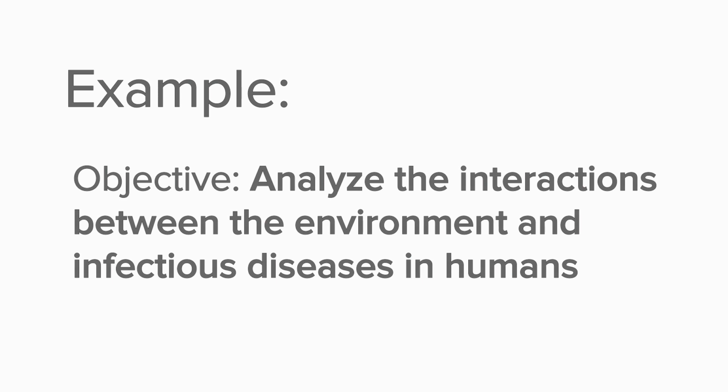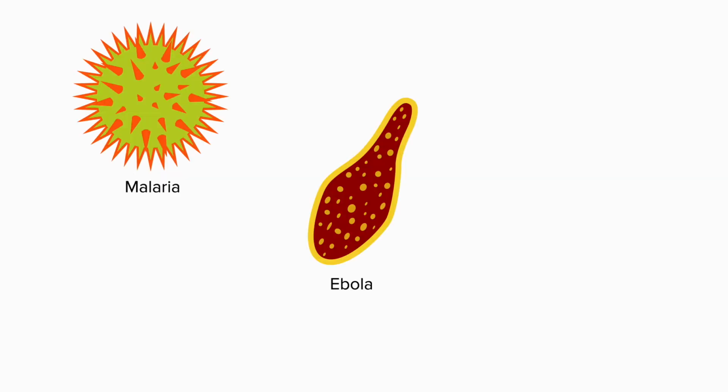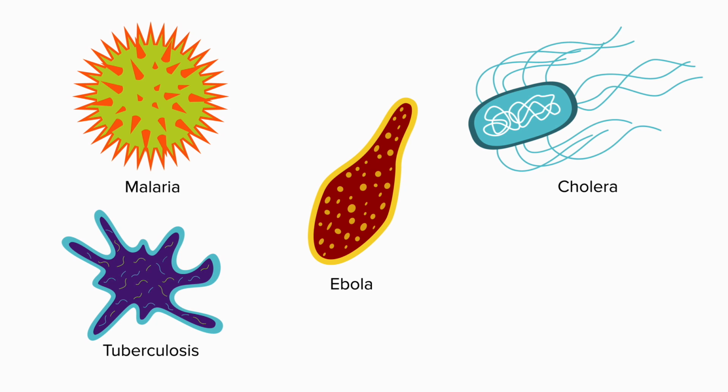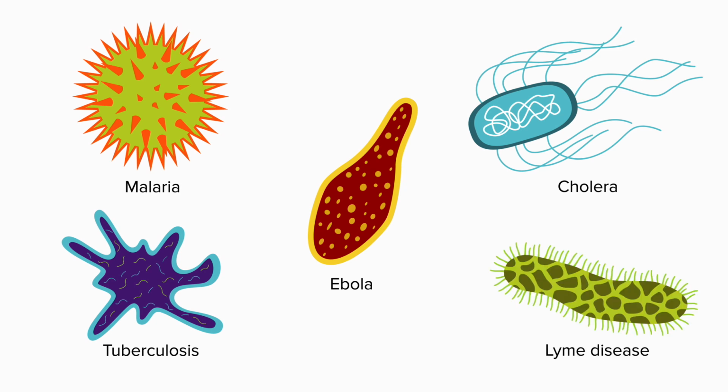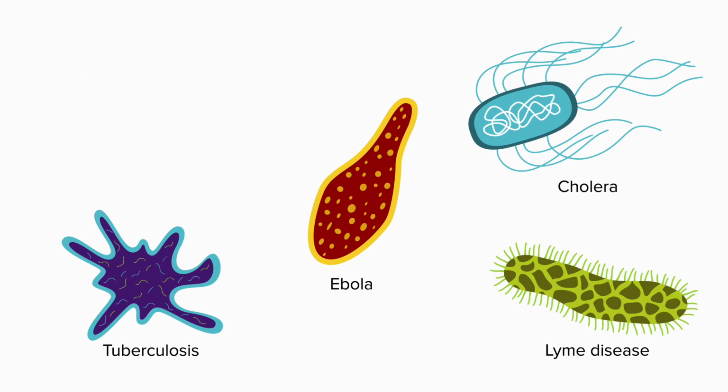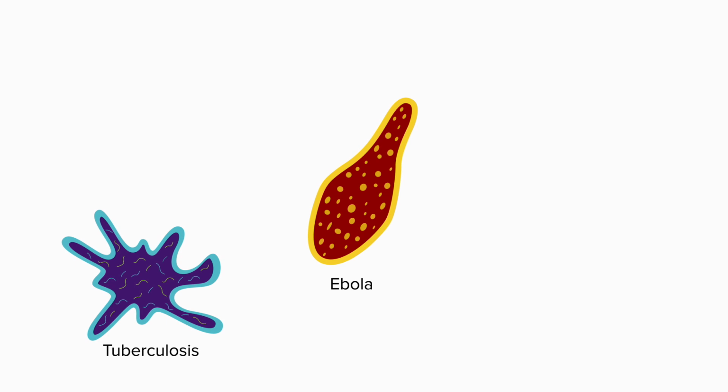For example, if our learning outcome is that students will be able to analyze the interactions between the environment and infectious diseases in humans, we might choose between malaria, Ebola, cholera, tuberculosis, and Lyme disease as our content, but we won't have time to go in depth for all 5. If students spend more time focusing on only 1 or 2 of these content pieces, they will have practiced the bigger skills we care about.